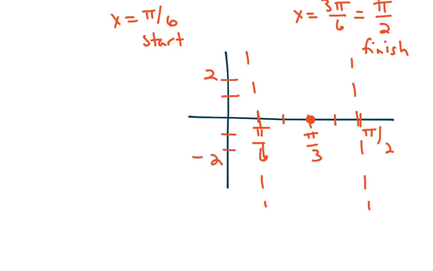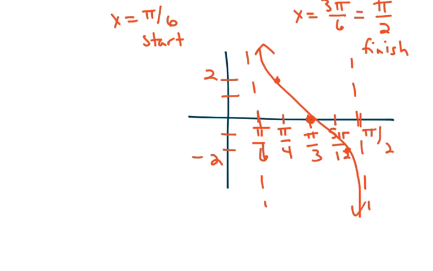And halfway between pi/6 and pi/3 is going to be pi/4. And then halfway between pi/3 and pi/2 is going to be 5 pi/12. So this is at 2, this one's at -2, and there's my graph.